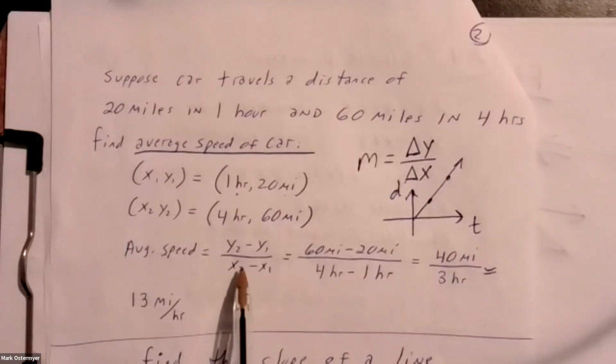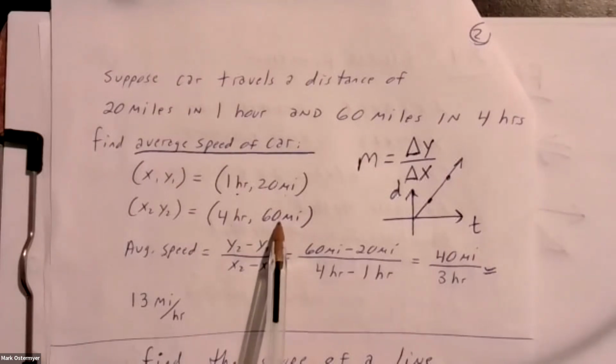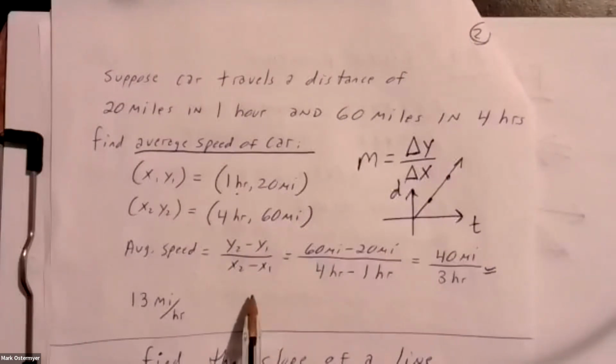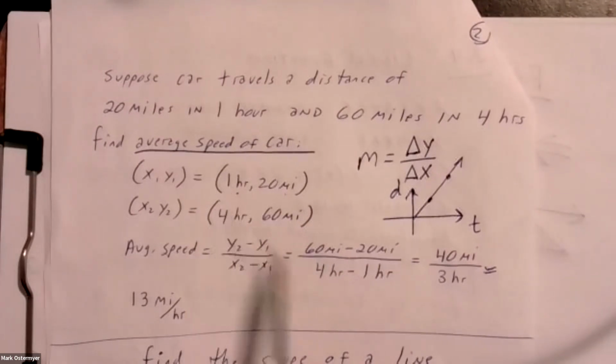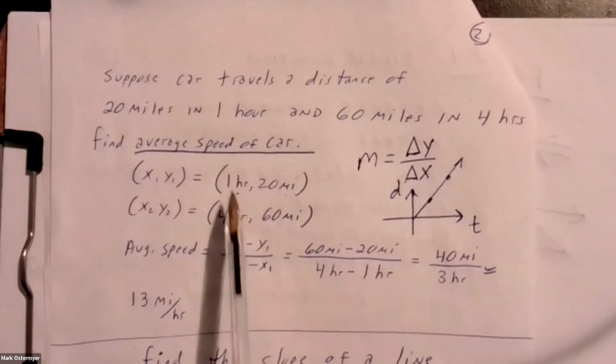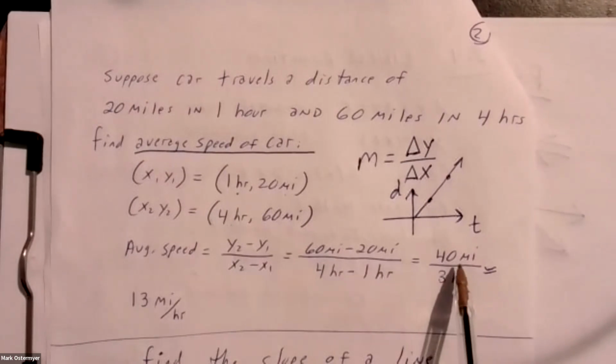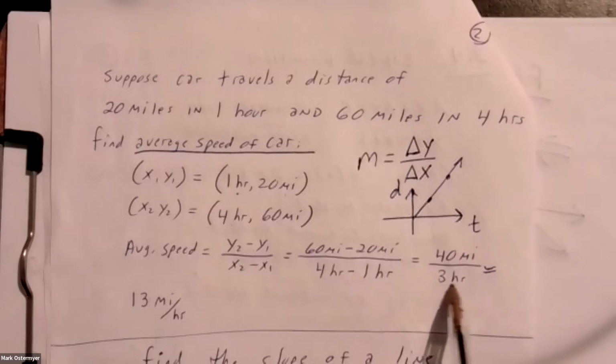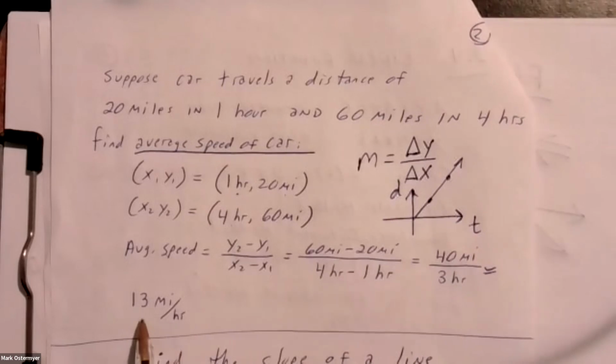Based on how I labeled the points, the change in y will be 60 miles minus 20 miles, divided by the change in x, which is the change in time, which would be 4 hours minus 1 hour. Therefore, the average speed that my car will be traveling on this time interval from 1 to 4 hours will be 40 miles per every 3 hours, which is approximately about 13 miles per hour.